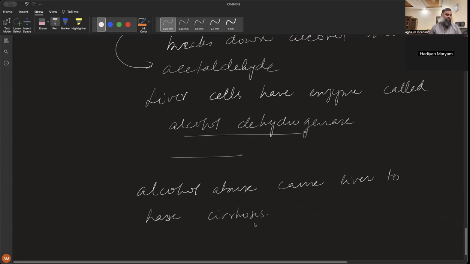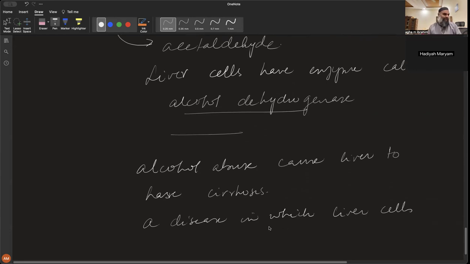It's called liver cirrhosis, a disease in which liver cells are destroyed and replaced by fibrous tissues.